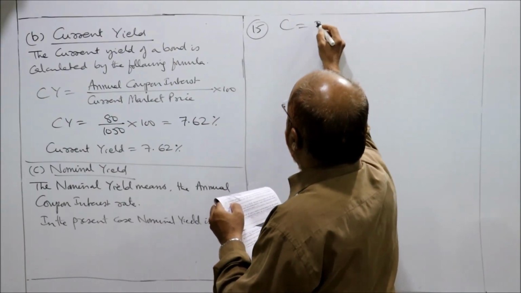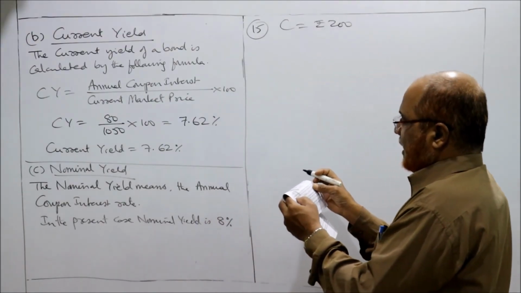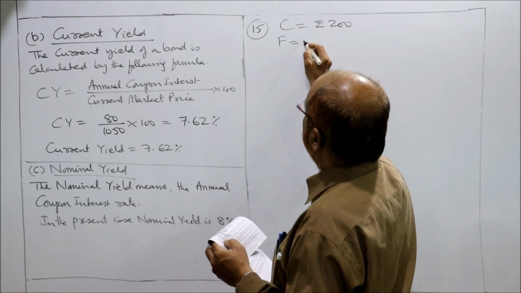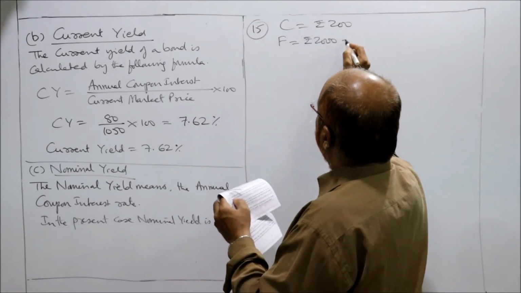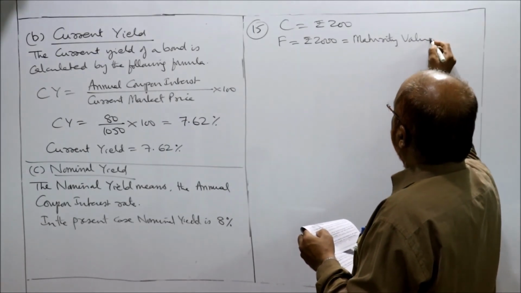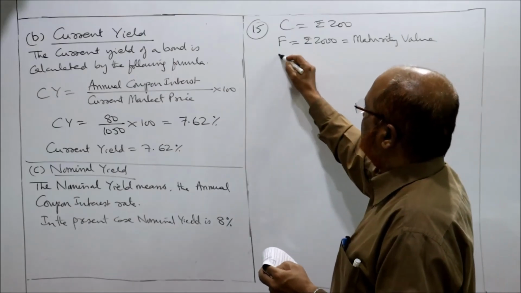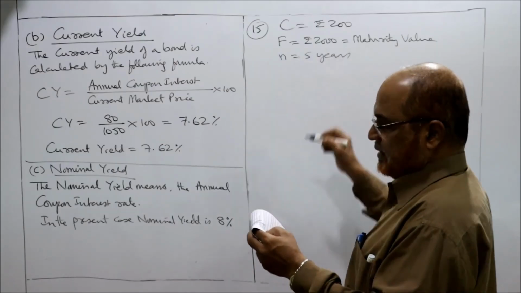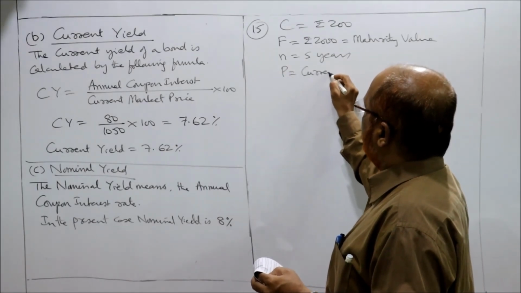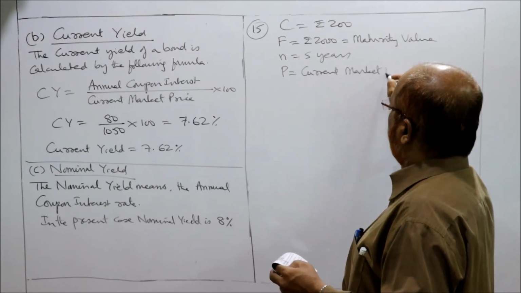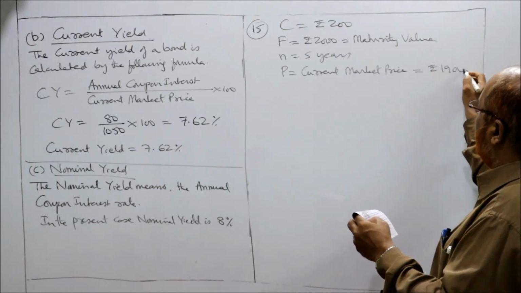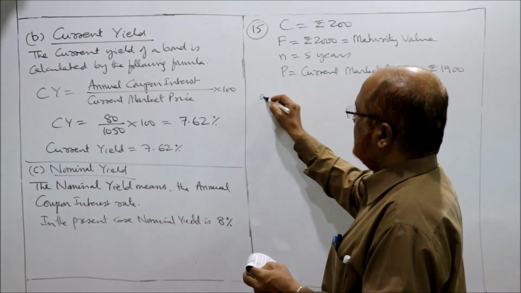So we are given C is equal to rupees 200 and a maturity value of 2000 after 5 years. N is equal to 5 years. If the current market price is rupees 1900, then what is the current yield?